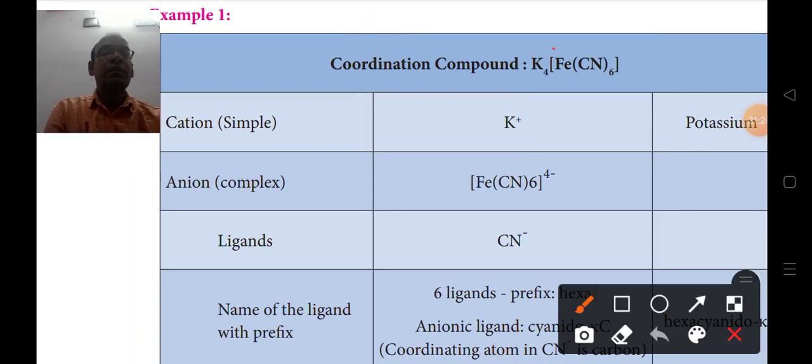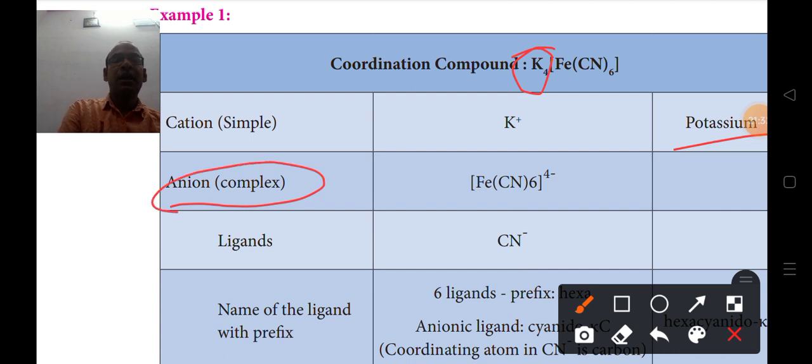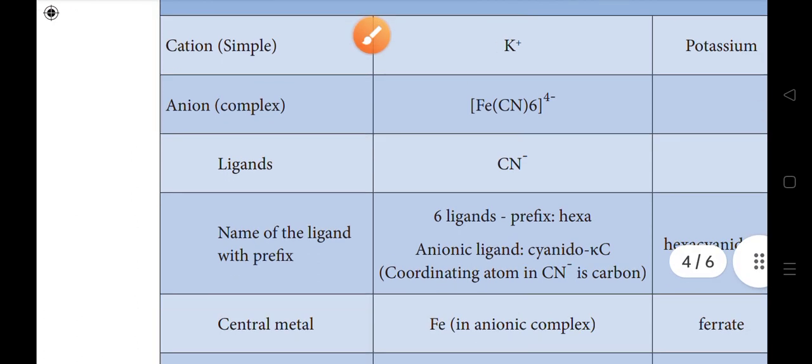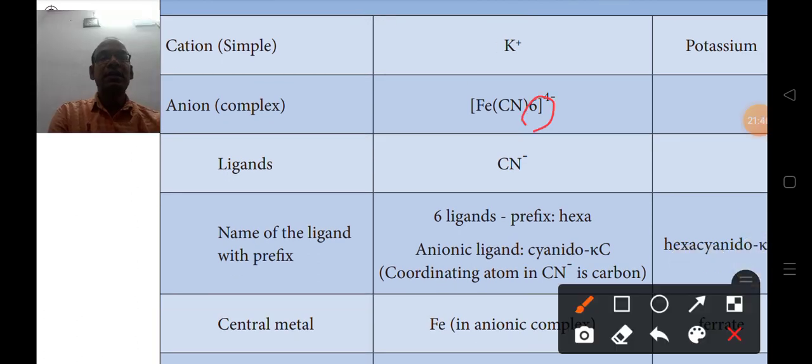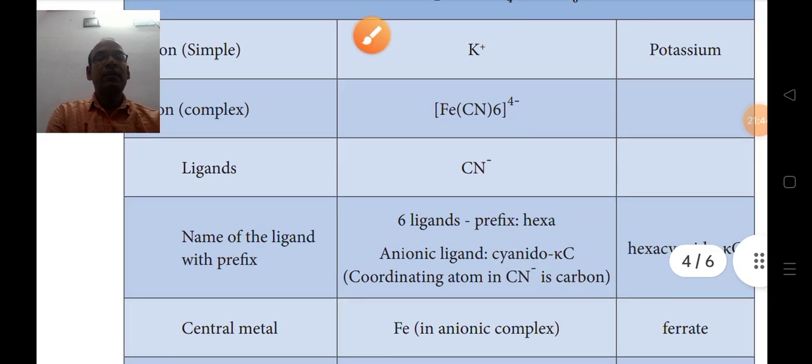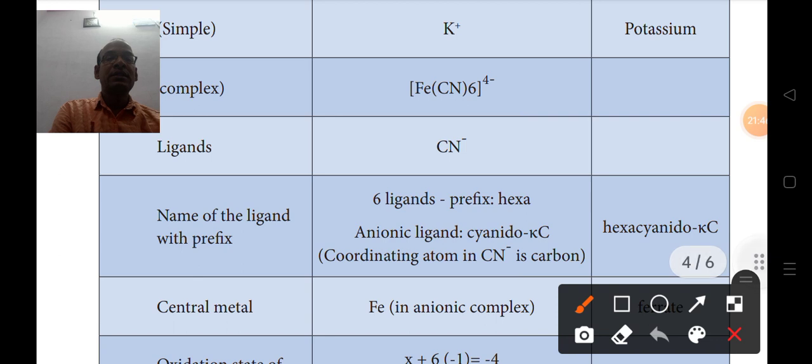First, the simple ion is potassium, therefore given the name potassium. The complex ion is an anion. In the complex ion, the first name is the ligand CN. In this case, totally 6 ligands, therefore hexa is used. For anionic ligands, this cyanide ends with O, because it is a negative ion.